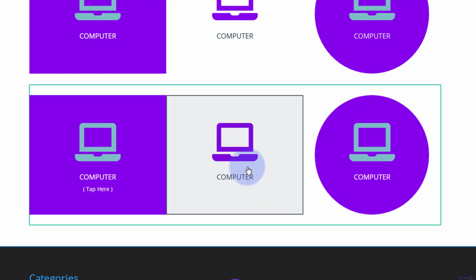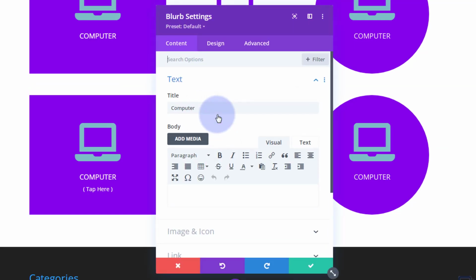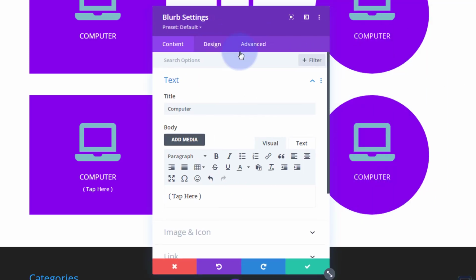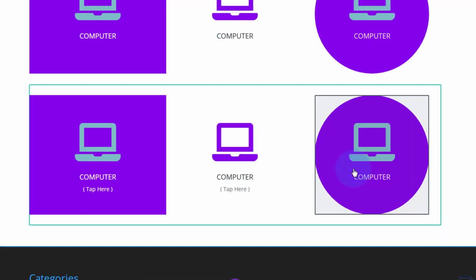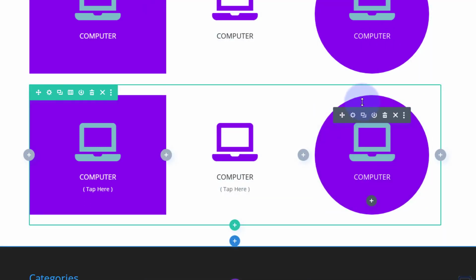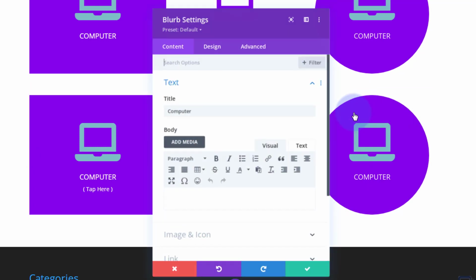I'm going to do exactly the same on our next one here. As you can see, it's underneath. And similar for this one here. I'm just pasting it in, Control V to paste. So they all say tap here.